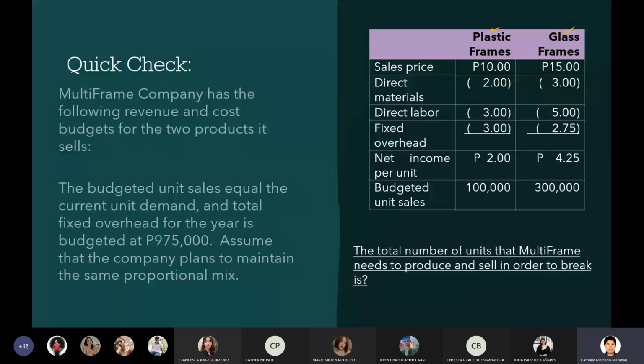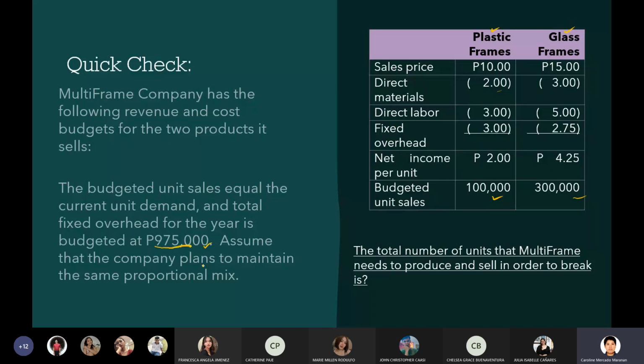So, yung current unit demand is 100 at saka 300,000. The total fixed cost for the year is 975. So, this 975 for the whole company. So, both products, ang fixed cost nila ay 975.